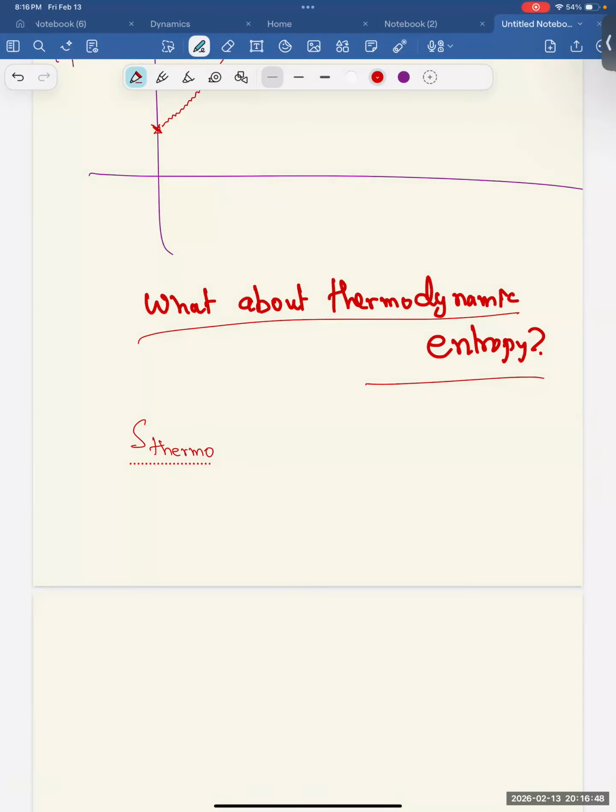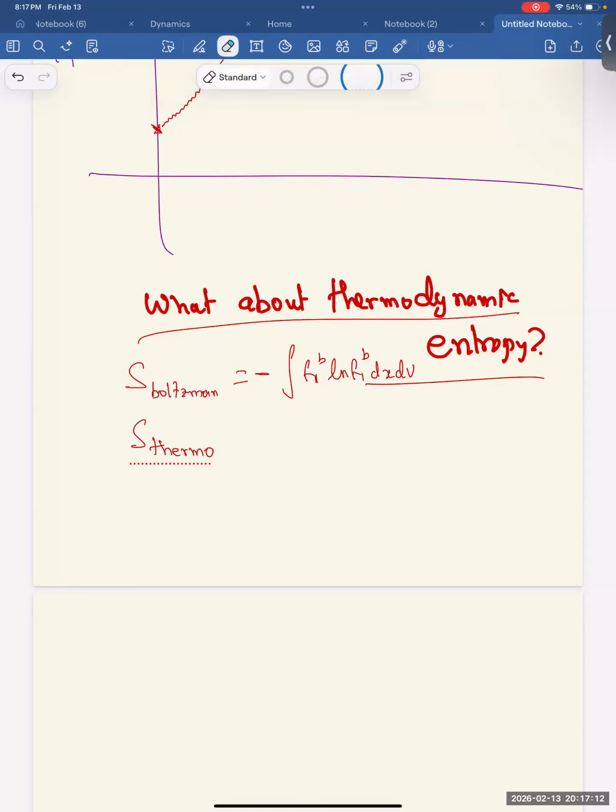Remember, our S Boltzmann was minus integral F1B ln F1B dr1 dv1. Sorry, let me be consistent here.